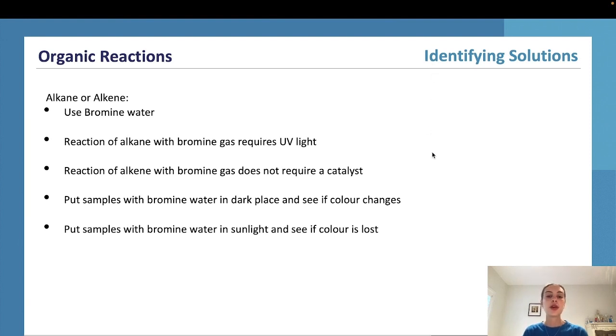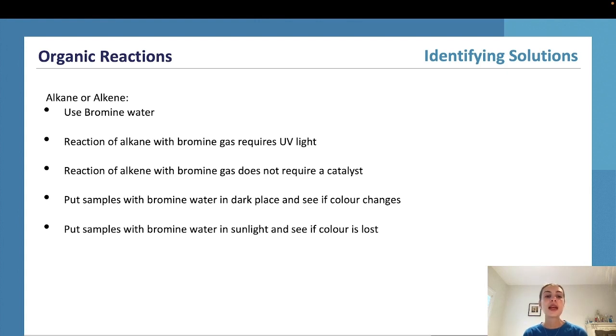Another thing we can do is use these organic reactions to help identify solutions. To identify the difference between an alkane and an alkene, we can use bromine water. This is because the reaction of an alkane with bromine requires UV light, whilst the reaction of an alkene with bromine does not require any catalysts.